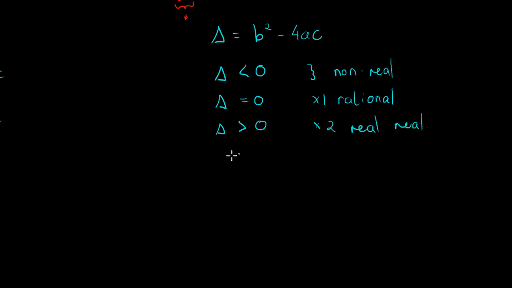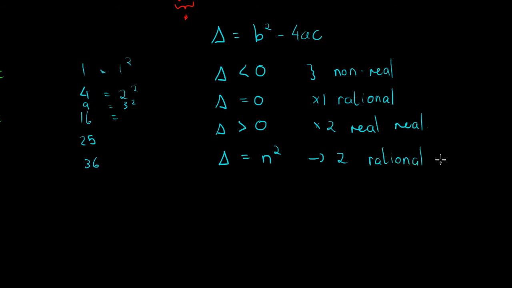Now, if my discriminant is equal to some square number, in other words, something like 4 or 16 or 25 or even 1, 4, 16, 25, 36, any number that is something squared, oh, I've got 9, anything like that, then I will have 2 rational roots.